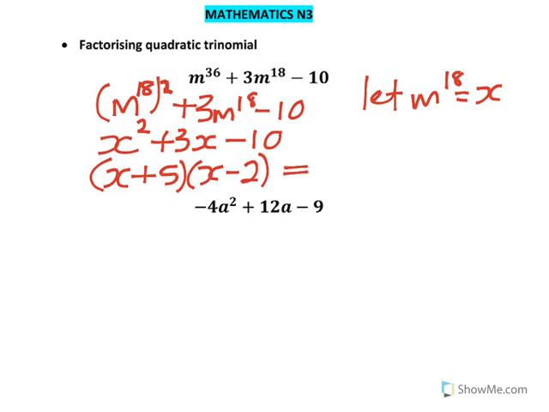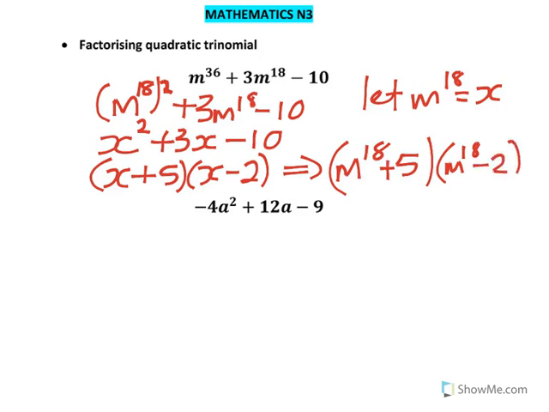But don't forget, you have got m18 equal to x, so where there is x now, you put m18. So it becomes m18 minus 5, m18 plus 5, m18 minus 2. This is how you do it.